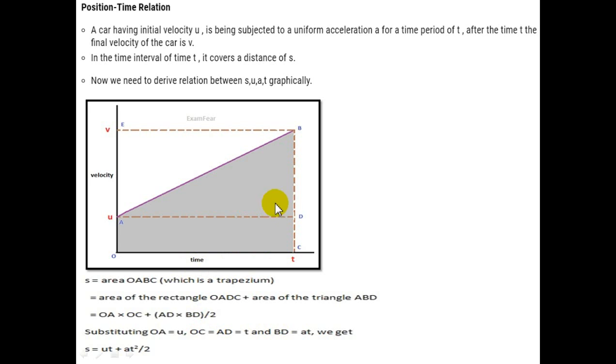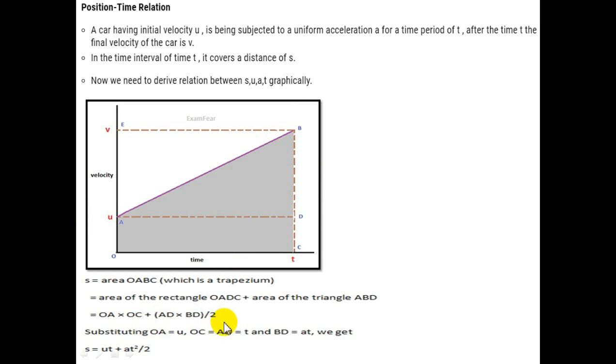Now what is the area of the rectangle OADC? That will be OA into OC. And the area of the triangle is half into base into height, so half into AD into height. Height is BD.